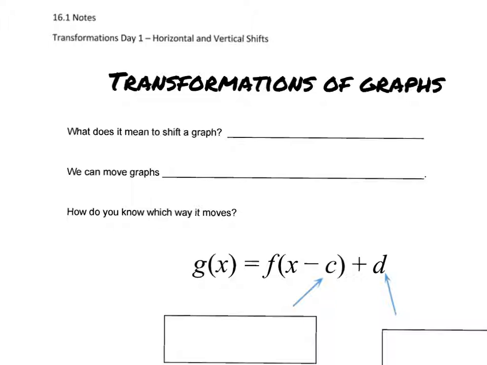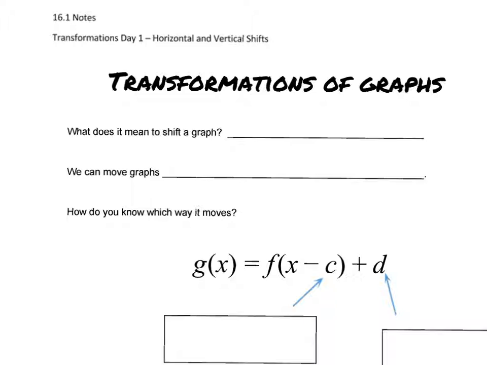But anyway, transformation of graphs. So we kind of touched on this a little bit in the first semester when we talked about linear functions. And we talked about how we could shift, move up and down, left and right, a linear graph, a line. We talked about how we could make it steeper or less steep. And that's true. We can do all that with linear. But now we've talked about so many other graphs.